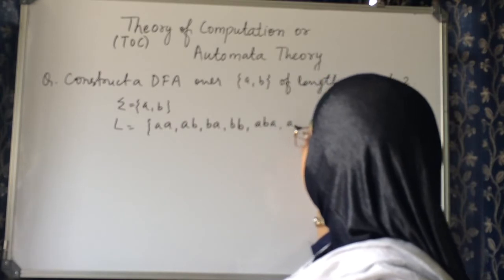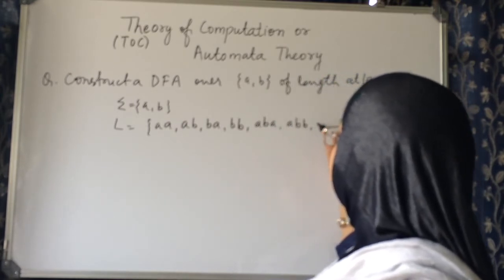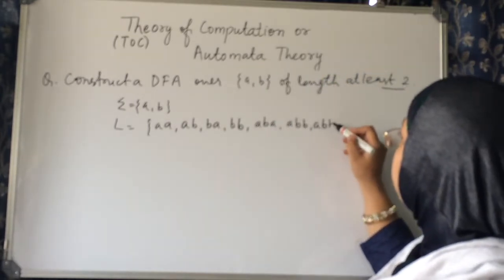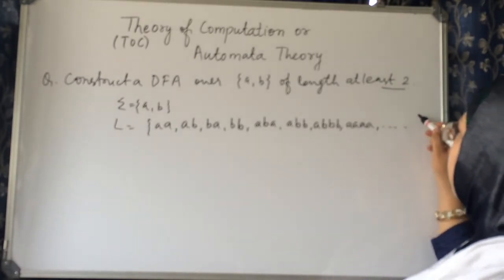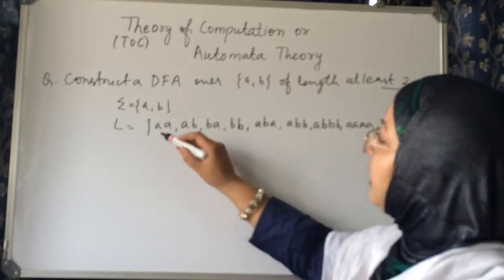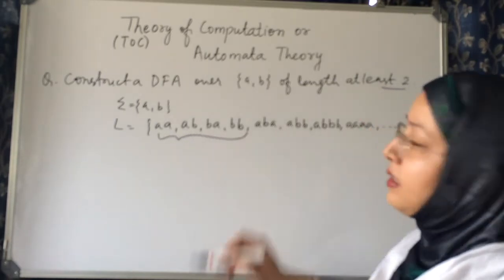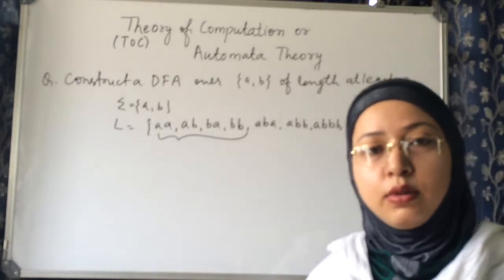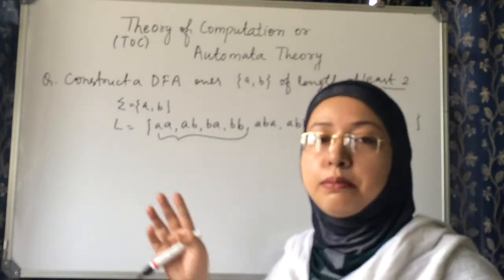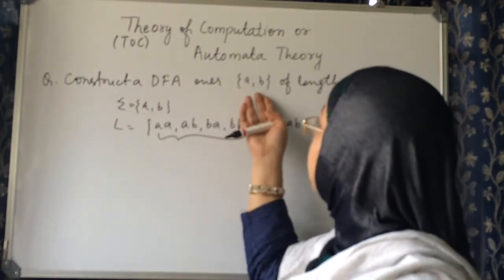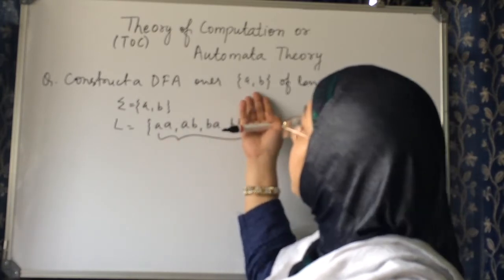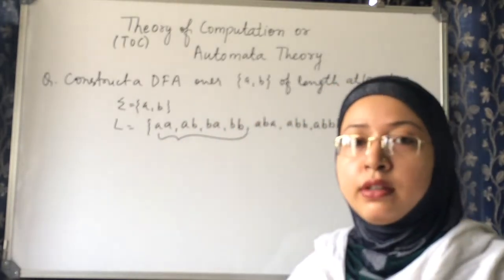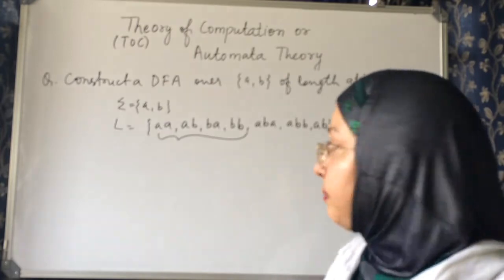And after that A, B, B, A, B, B, B, A, and so on. But it has to see at least 2 symbols, made up of only A, B. So now we have to construct its DFA.